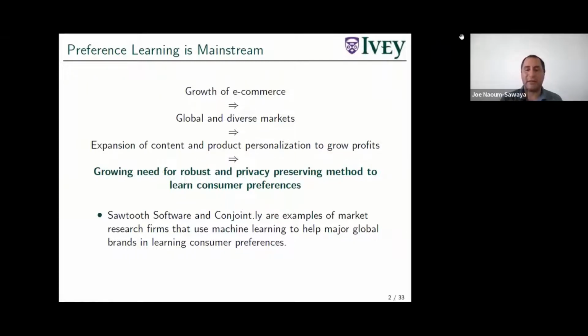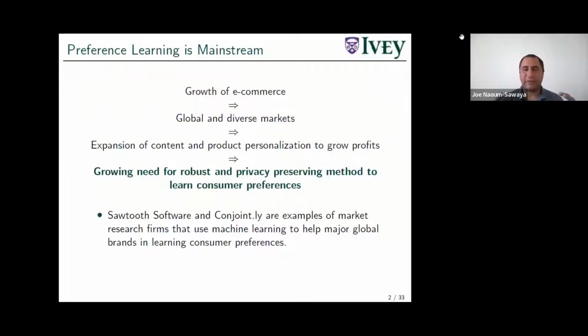So the availability of the data has enabled us to do preference learning in a more mainstream way, but there is also a lot to do with driving profits through product personalization and content personalization, which requires accurately learning consumer preferences.